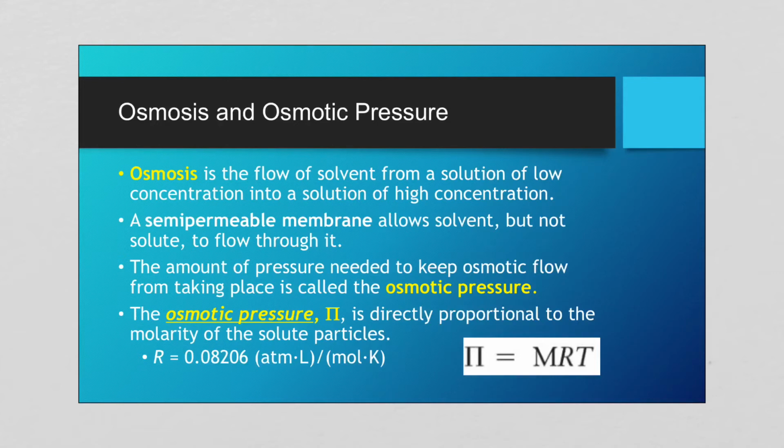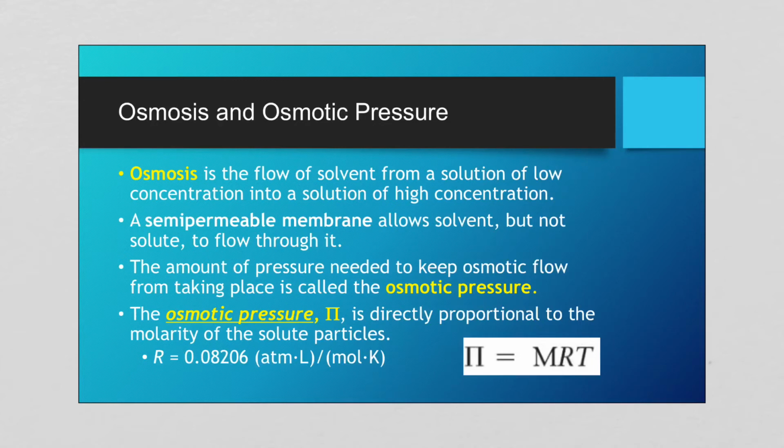And so the osmotic pressure, represented by capital Pi, is directly proportional to the concentration of the solution. And in this particular equation, we use units of molarity. And so the osmotic pressure is equal to the molarity.